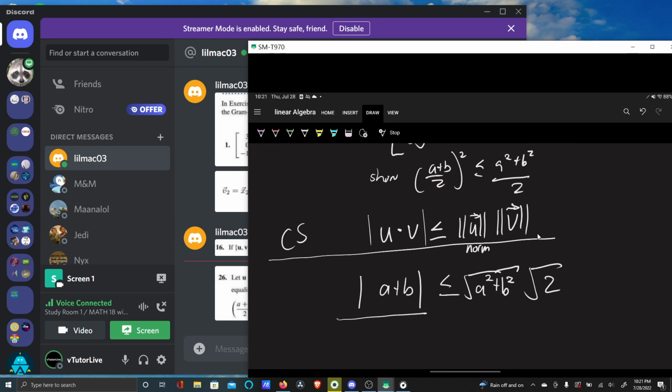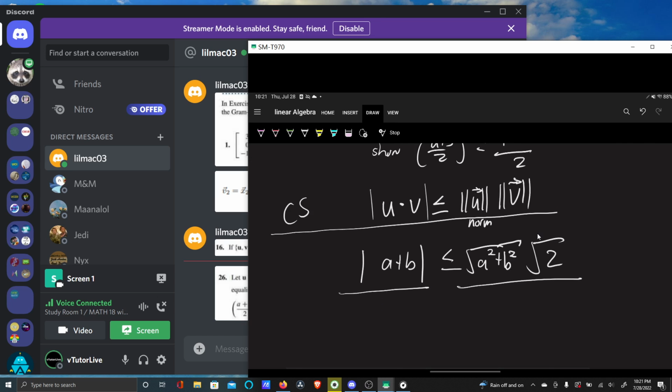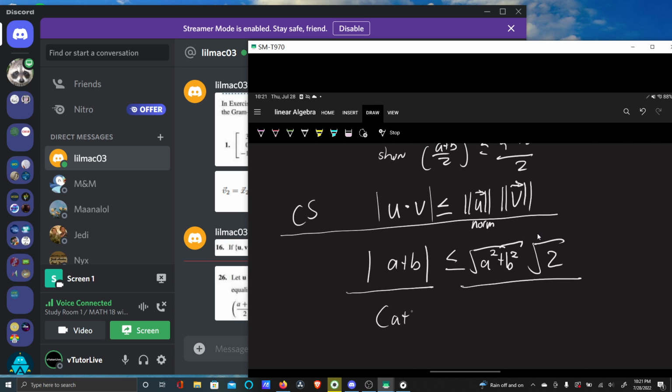Because this is an absolute value and also positive, squaring both sides should not impact the inequality at all. It won't change directions. That gives us (a plus b) squared is less than or equal to (a squared plus b squared) times 2.